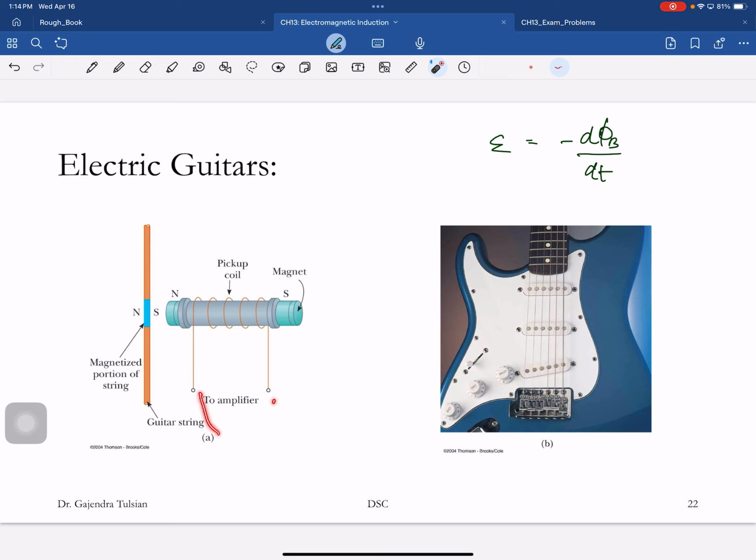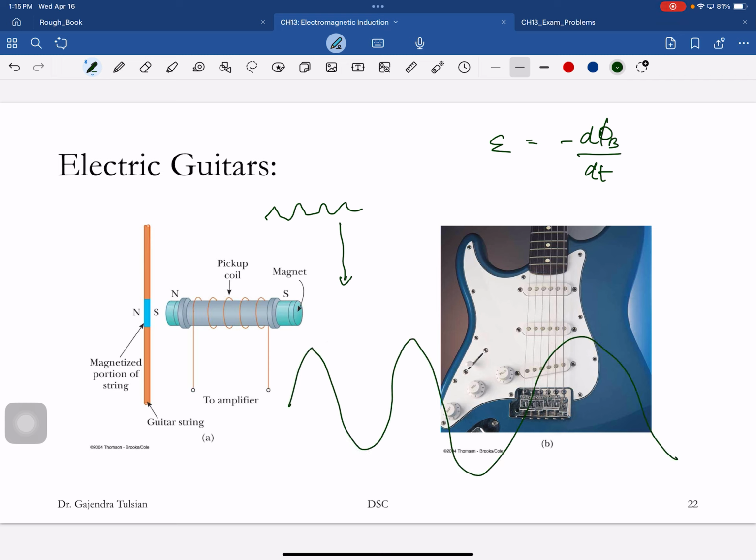And then you can feed this current to an amplifier. So let's say this vibration in this sensing coil produces a current like that, which is a small amplitude current, but then you can feed this to an electric circuit, an amplifier, and make that into that signal.